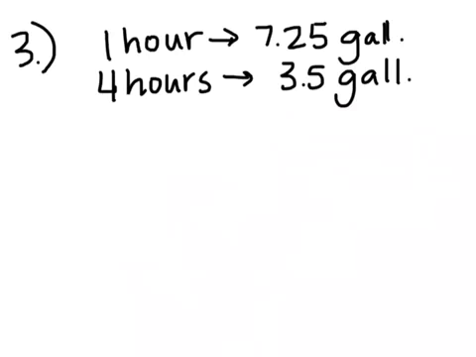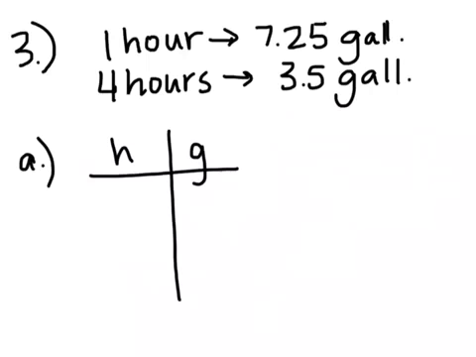So this is pretty straightforward, since I wrote out our information together. Sometimes it's easier to make the pairs if we do an XY table first. So if we have H for hours and G for gallons, 1 hour goes with 7.25 gallons, and 4 hours goes with 3.5 gallons, and it's gallons left.